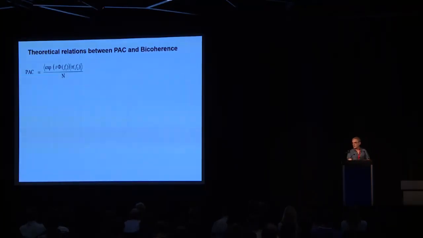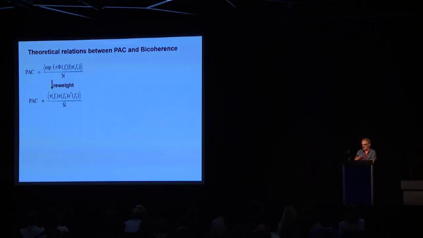But there's one weird thing which confused me for some time originally. So if I write down again the formula for PAC, and if I make a little change here, so I have the phase of the slower wave, say theta, and rather than just the phase, I also weight the phase with the amplitude of theta. That shouldn't make a big difference, and it doesn't really make a big difference.